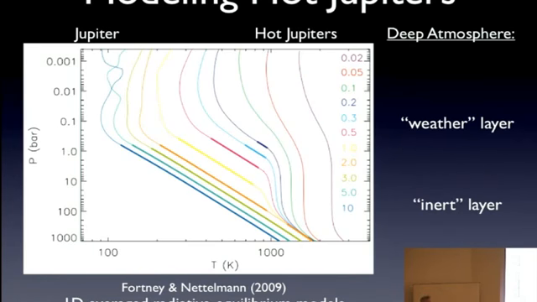Typically, you keep absorbing down to maybe 1 bar. So this region around here is where you force, and also where the infrared photosphere, where the planet radiates, is located, between 1 bar and 0.1 bar. 100 millibar is a good number to keep in mind.